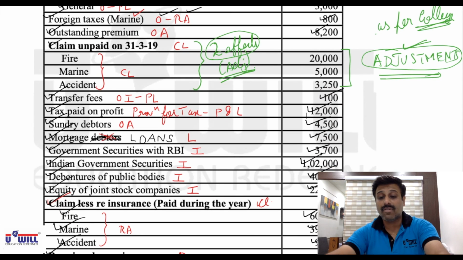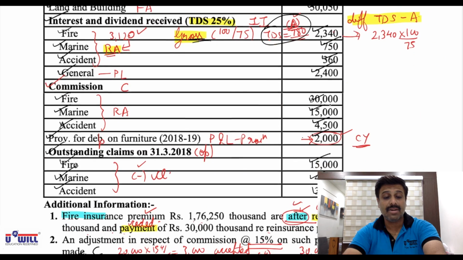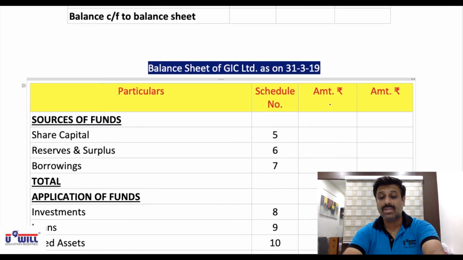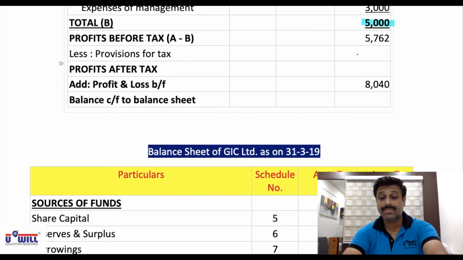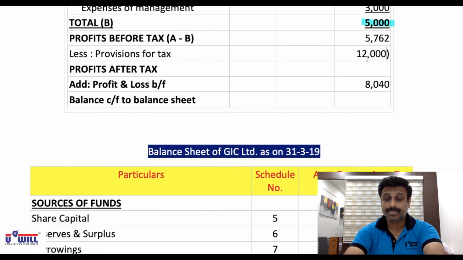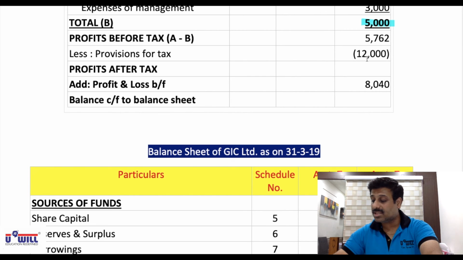So 12,000 is what we will subtract over here. All other items have been recorded. Okay, 12,000 will minus as provision for tax. So 5762 minus 12,000.